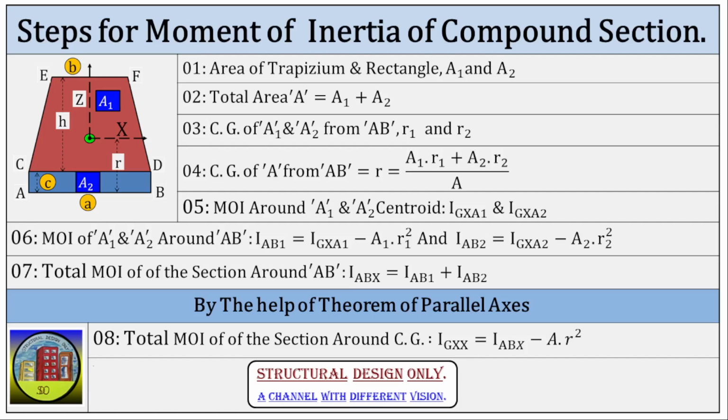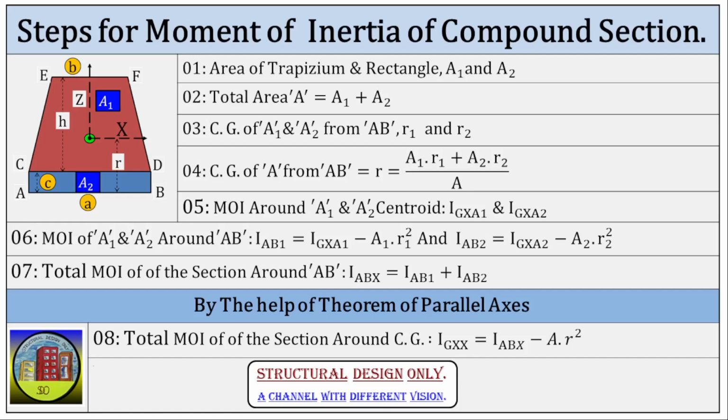Determine the distance of the centroid of A2 from base AB, denoted as R2. Step 4. Calculate the distance of the centroid of the total area, A, from base AB, denoted as R. This is given by the formula, R equals to A1 into R1 plus A2 into R2, by A.